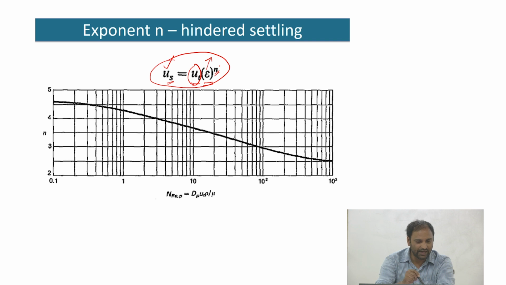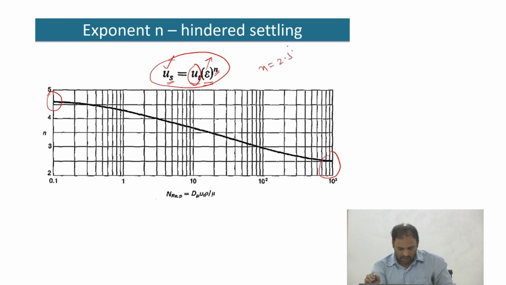If you take the Stokes law regime, then n is going to be of the order of 4.6, and if you take the Newton's settling regime, your n is going to be of the order of 2.5, right?